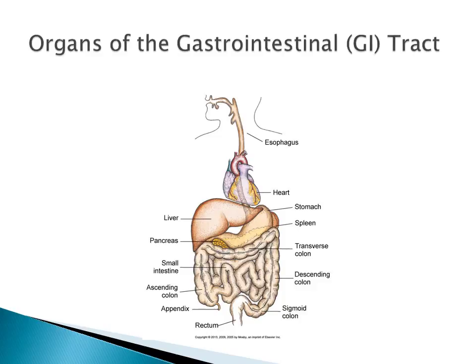Saliva is important. It's produced in our salivary glands because it helps dilute and soften our food for easier swallowing. And as our food enters the esophagus, it passes through the esophageal sphincter, a circular muscle that prevents air from entering the esophagus and food from refluxing into the throat.